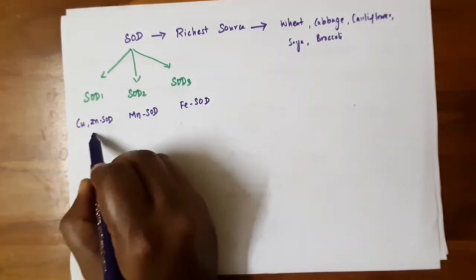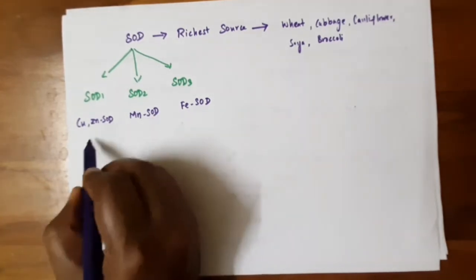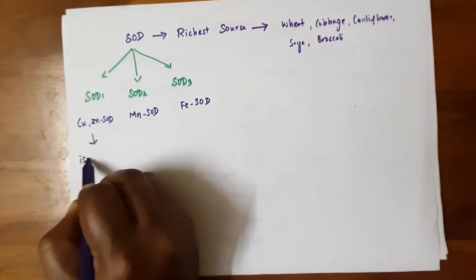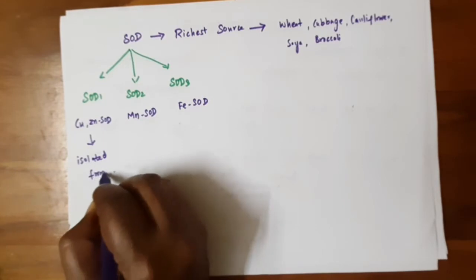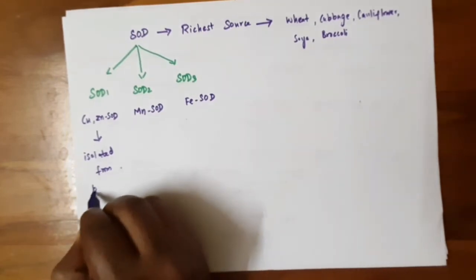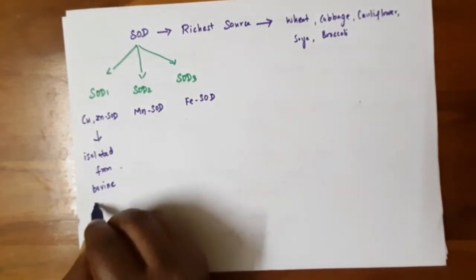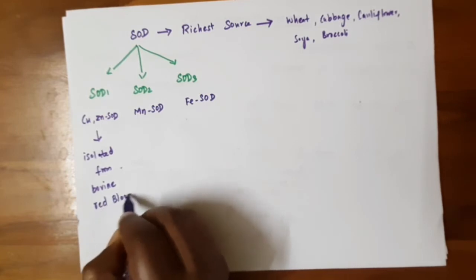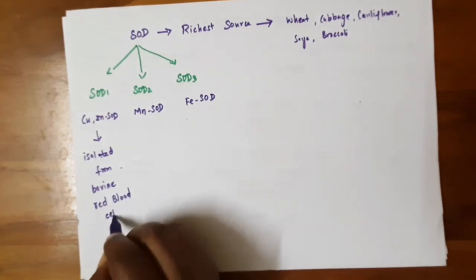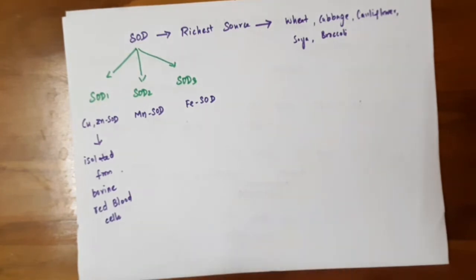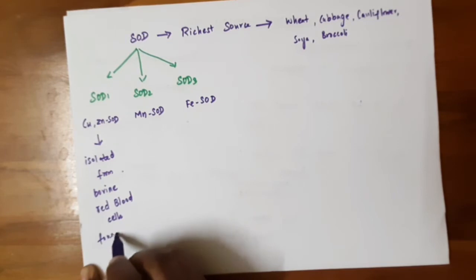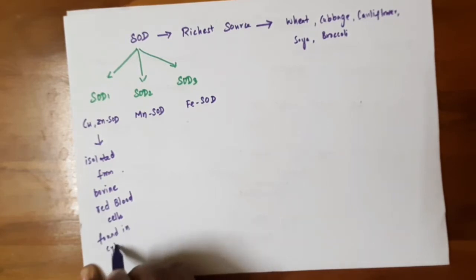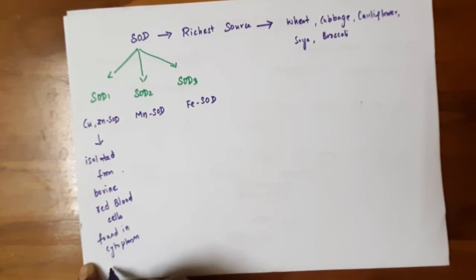The first can be isolated from bovine red blood cells and is found in the cytoplasm of eukaryotic cells.